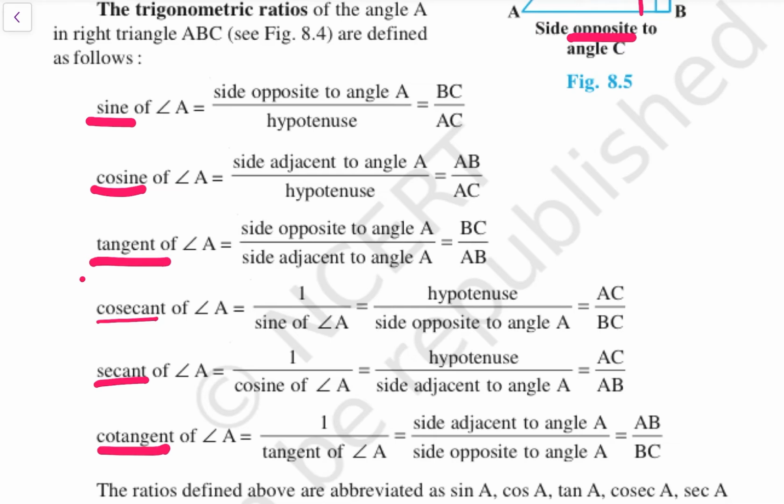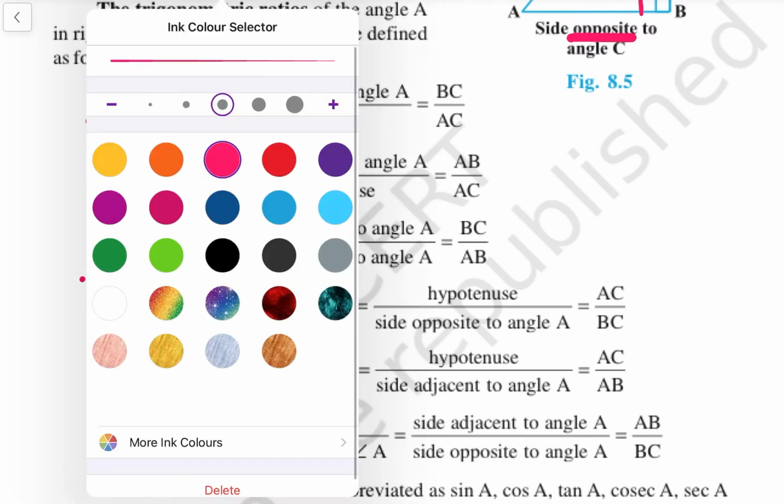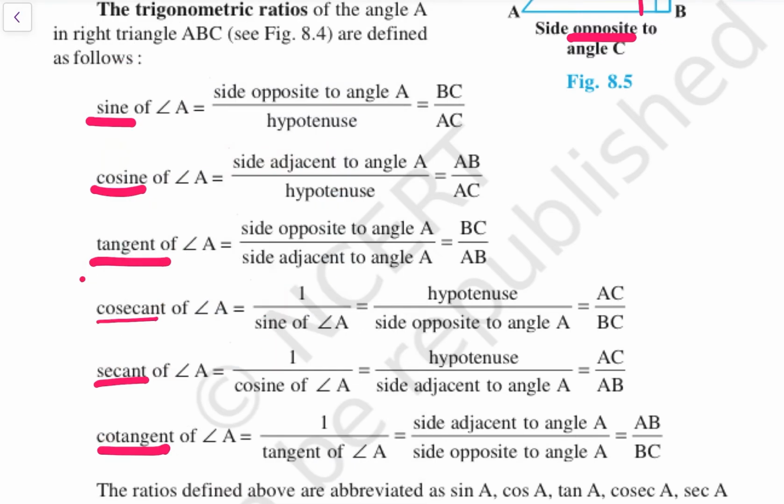So sine A is the side opposite to angle A upon hypotenuse, that is opposite upon hypotenuse.